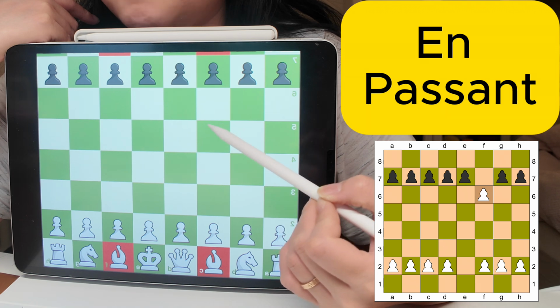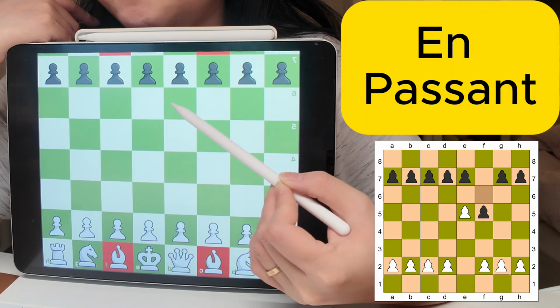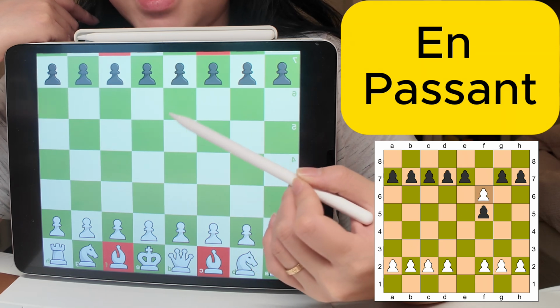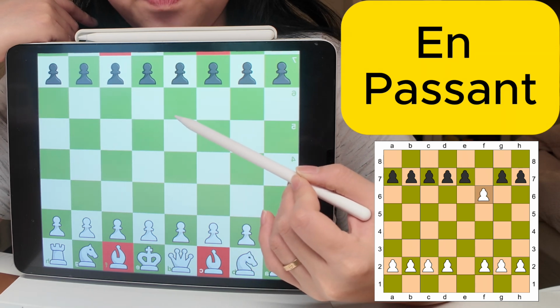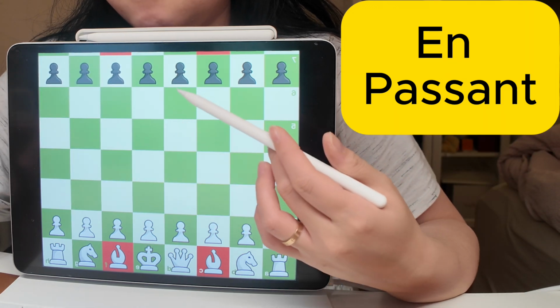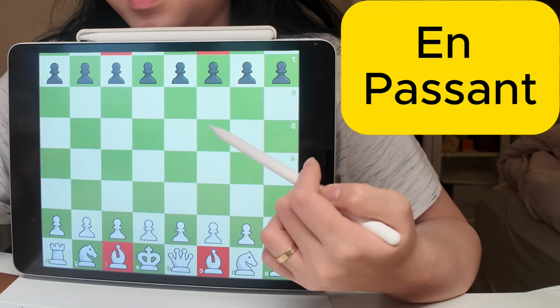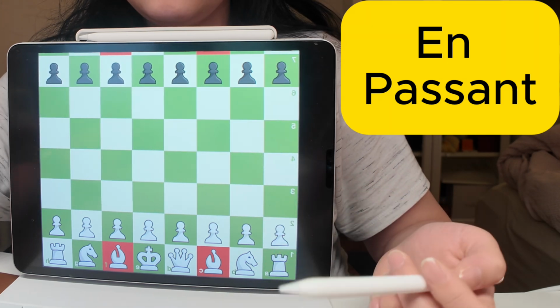Then my pawn, the white one, can just go up diagonally and capture it as if it had only moved one square. That makes it fair, since sometimes a pawn can go so fast and pass wherever my pawn already was.